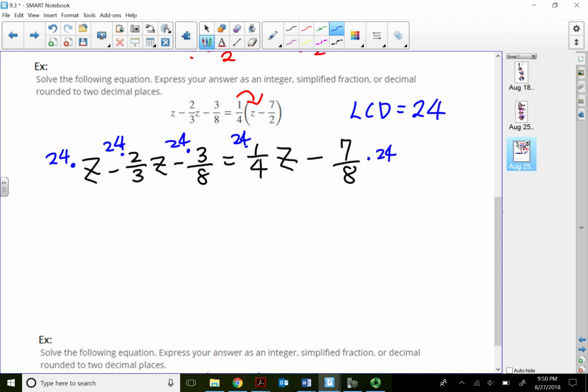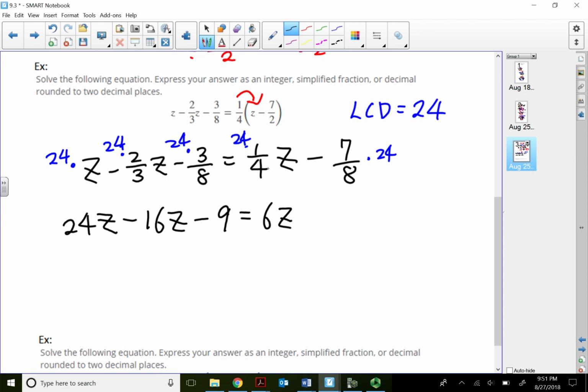So hopefully by now you can just kind of look at it. 24 times z is 24z, minus 3 and 24 reduce into 1 and 8. 8 times 2z is 16z, minus 8 and 24 reduce into 1 and 3. 3 times 3 is 9, equals a fourth of 24, got to be 6z, right?